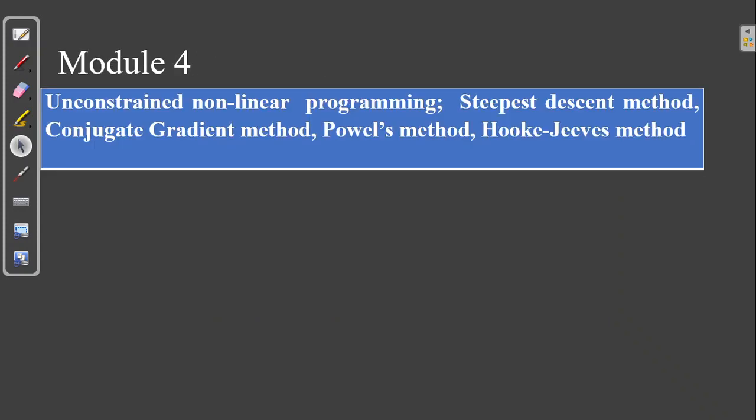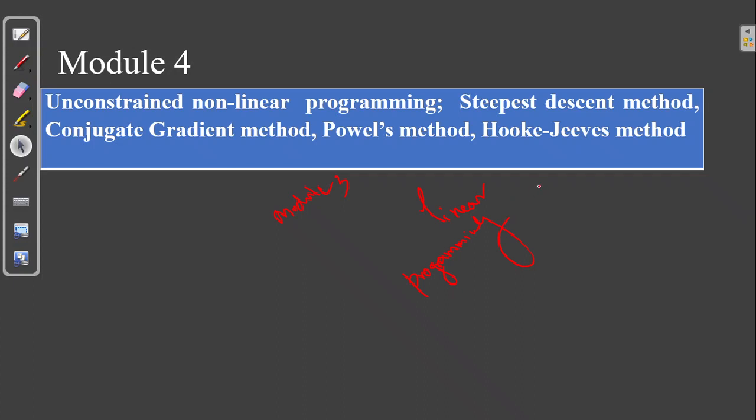So in our module 4, we are going to discuss module 4, not module 3. Module 3 is linear programming, that means linear optimization problems.